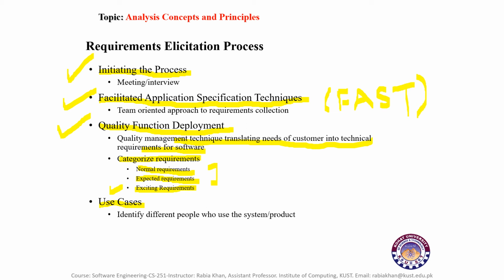To create a use case, the analyst must first identify different types of people or devices who would use the product or software. Those actors represent the roles that people play as the system operates. An actor is anything that communicates with the system.